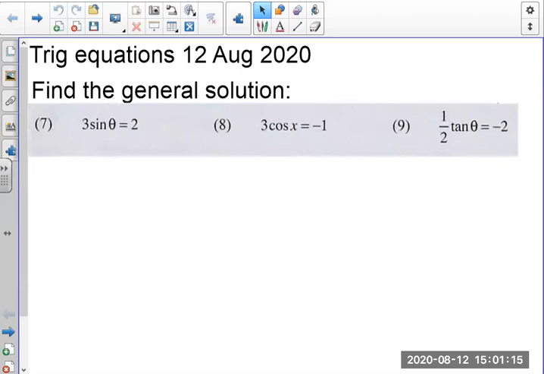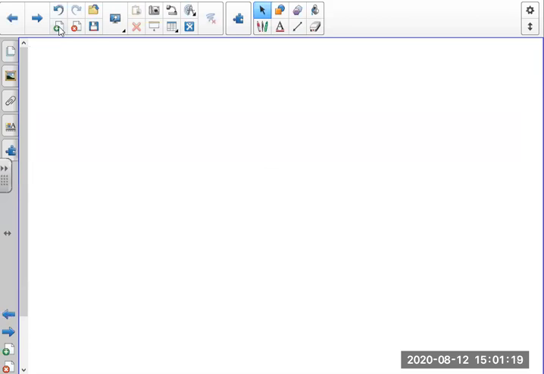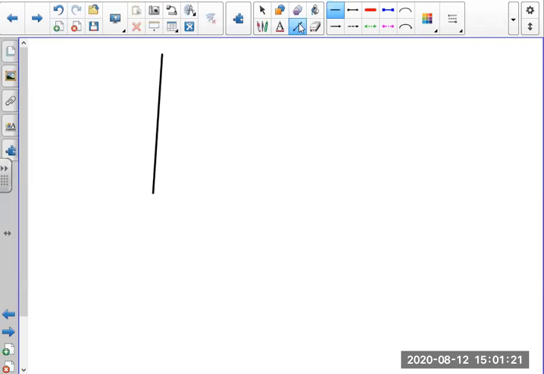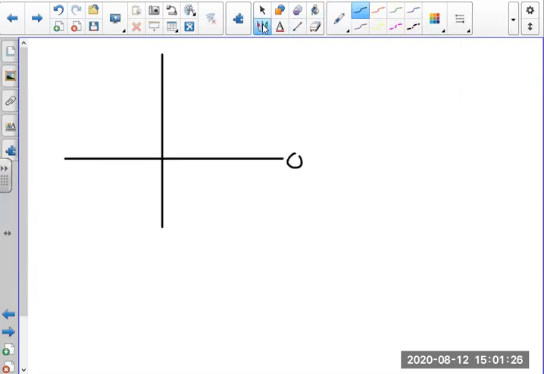Before I start with them, you are going to work with a set of axes: 0, 90, 180, 270, and 360, and quadrants 1, 2, 3, and 4.